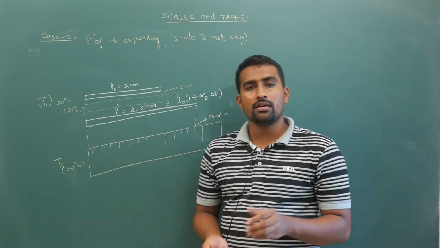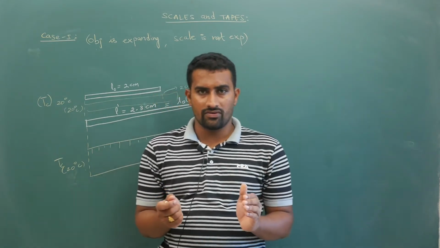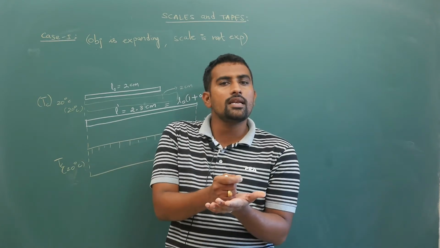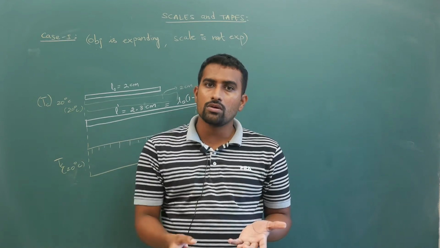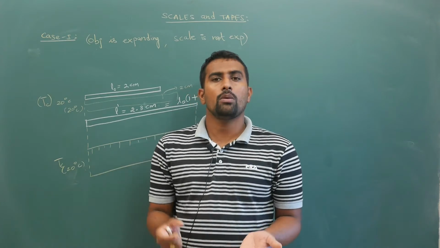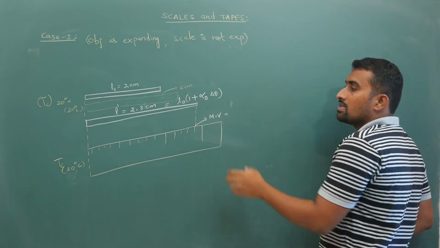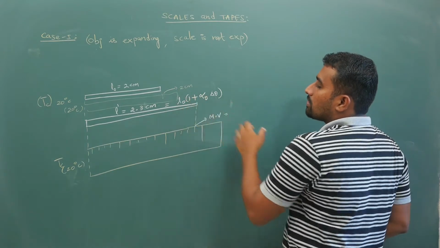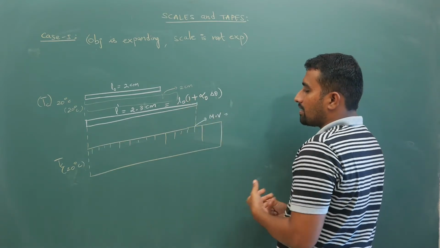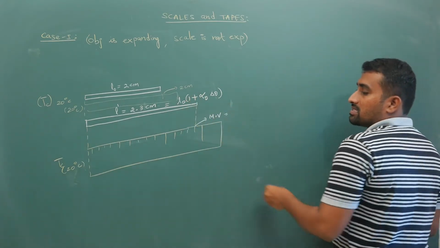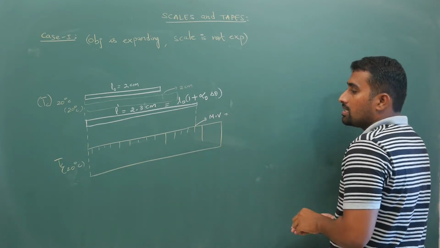Getting my point? Concentrate very carefully here. Your scale is not at all expanding, only your object is expanding, so obviously the scale will show the correct reading. Initially it is 2 centimeters, after expansion it is L0 times 1 plus alpha of object into delta theta, and your measured value is nothing but the reading shown by the scale.